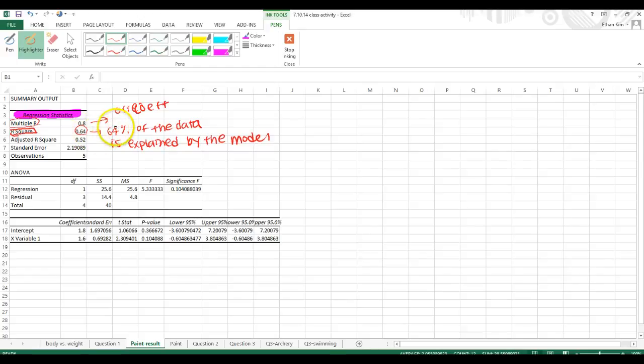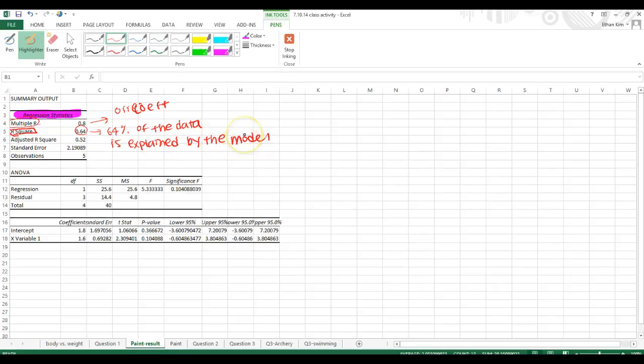We want it to be somewhere in the 80s or 90s. The closest it can get is 1, which is 100%, which means that we have found the most perfect model for the data. So the remaining 36% is not explained. It's saying that there is variance, and there might be other variables that are not explained by these data. So 64% of the data is explained by the model, and that's what we mean by R squared.